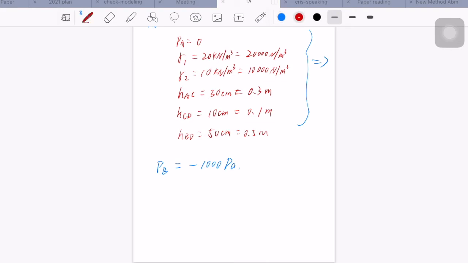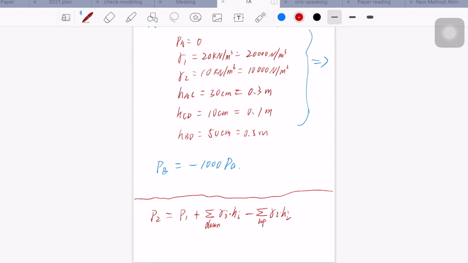In addition, you can also use the manometer equation to solve this problem. The manometer equation is P2 equals P1 plus the sum of down gamma i times hi minus the sum of up gamma i times hi.